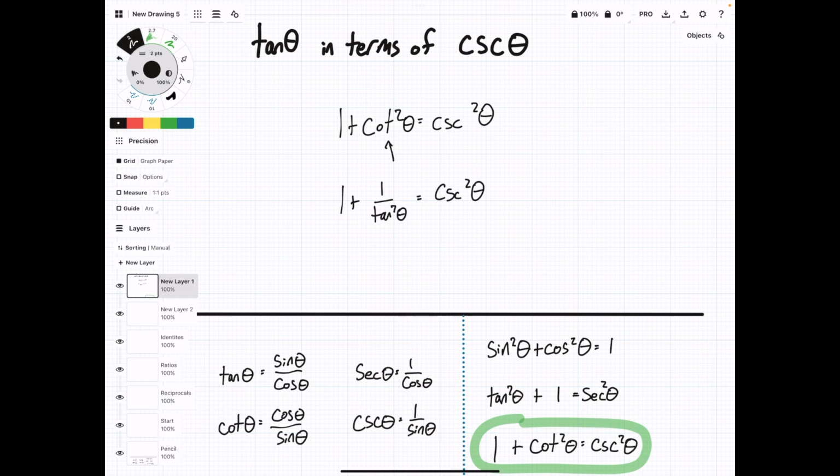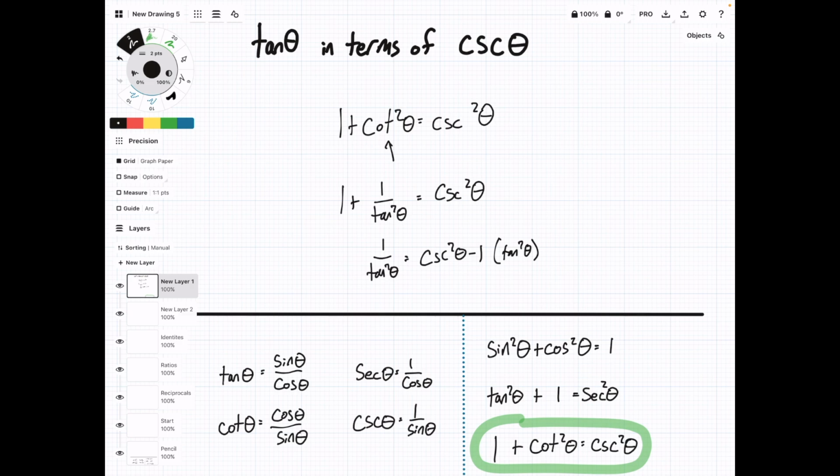Okay, now what we want to do is just solve for tangent. So let's subtract the 1 across. 1 over tangent squared theta equals cosecant squared theta minus 1. Then we'll multiply this side by tangent squared theta, and we'll divide the other side by cosecant squared theta minus 1.